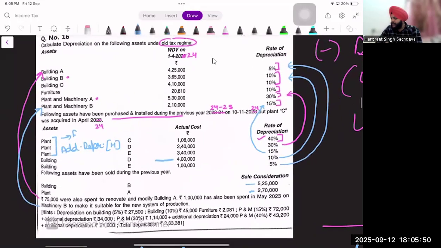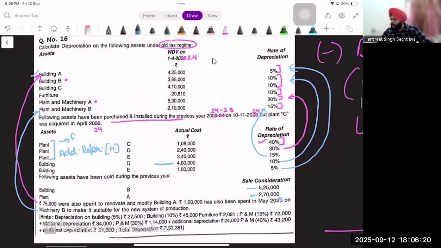Next one. 75,000 rupees were also spent to renovate and modify building A. Means these were on cost on building A. Okay. So we have put the arrow. Then rupees 1 lakh has also been spent in May 2024 on machinery B. We have applied arrow there also to make it suitable for the new system of production.